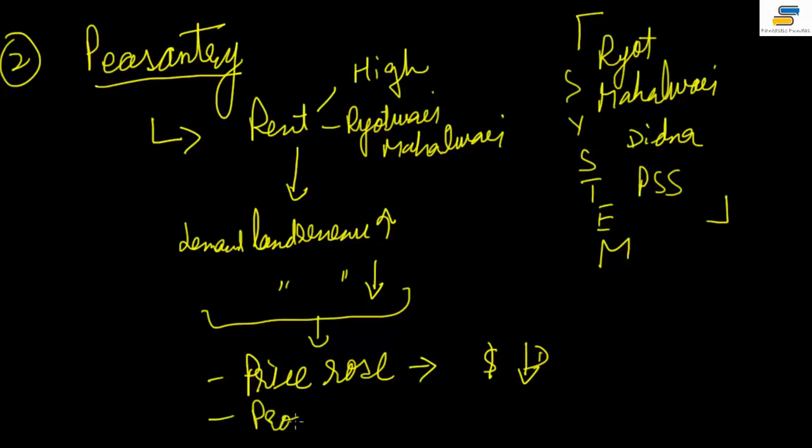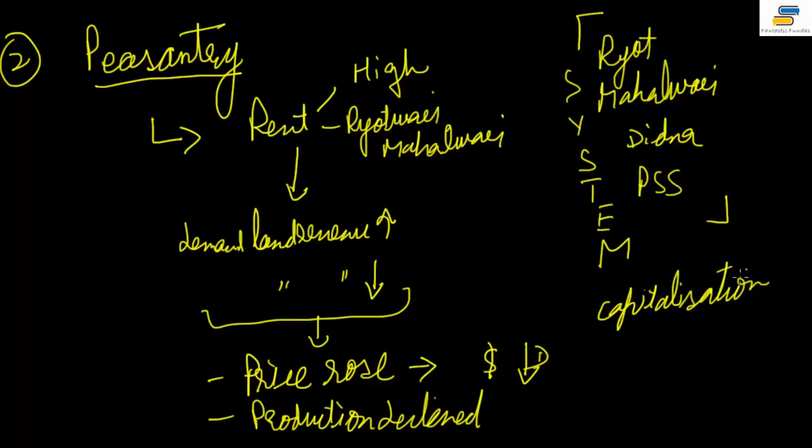And second thing, the production declined because there was fragmentation of land and there was no capitalization of agriculture. जमीन टुकड़ों में बट चुकी थी, छोटे छोटे टुकड़े रह गए थे, and no capitalization of agriculture का मतलब होता है एग्रीकल्चर के अंदर कोई बड़ी इन्वेस्टमेंट्स नहीं हो रही थी. There was no new technology, no tractor, nothing like all this, okay. That's one part of it.